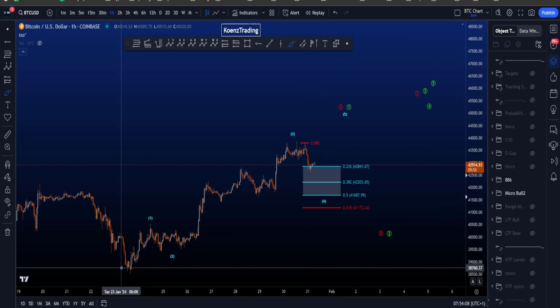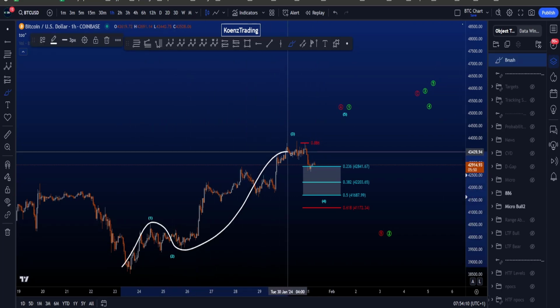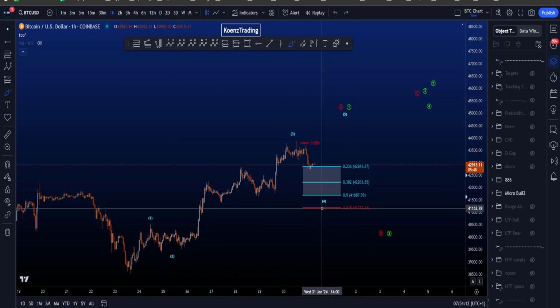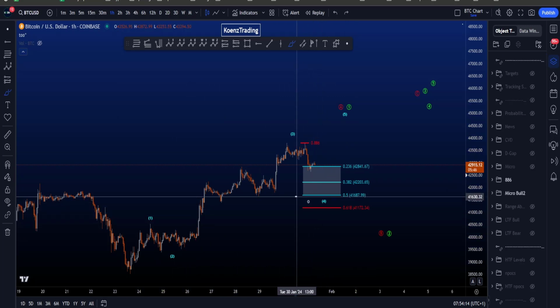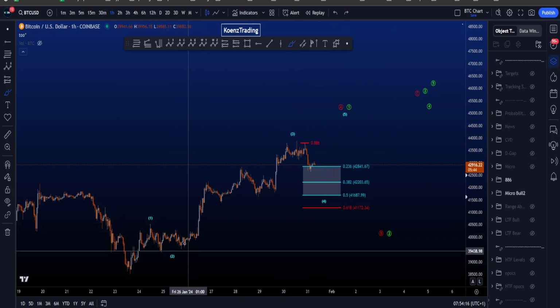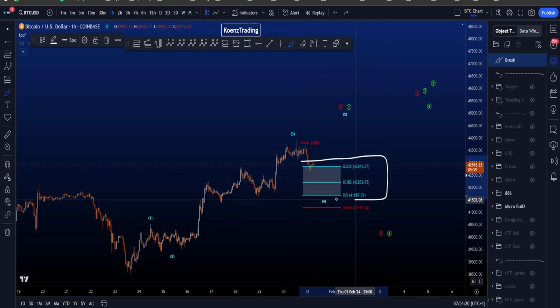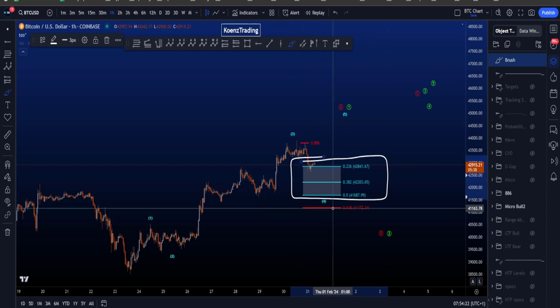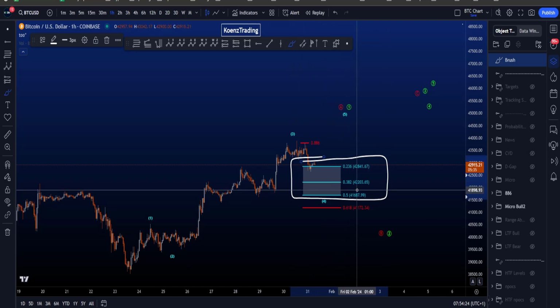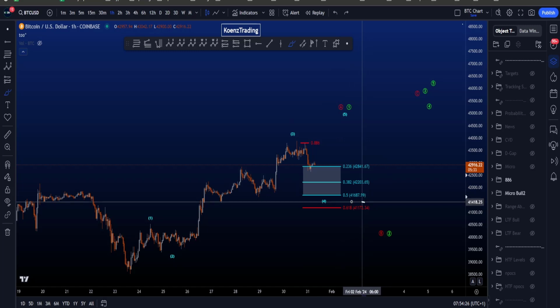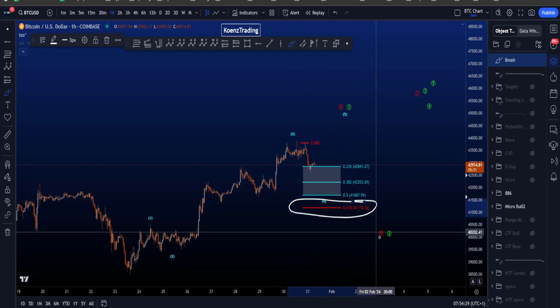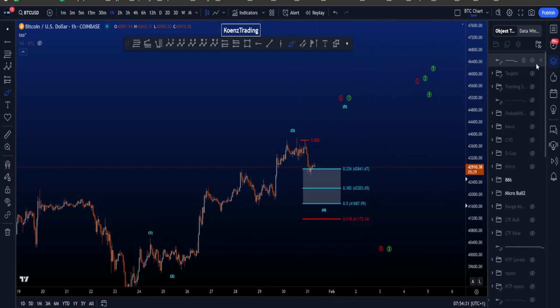Now in this scenario, we're then looking for a 5-wave impulsive structure to the upside, where we're working on a wave 4 here. The fibs for this wave 4 are taken from the low of 2 to the high of wave 3, giving us a target area between the 0.236 and the 0.5, 42.8k to 41.6k, with the invalidation being the 0.618 at 41.1k.